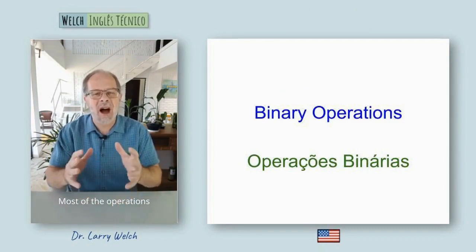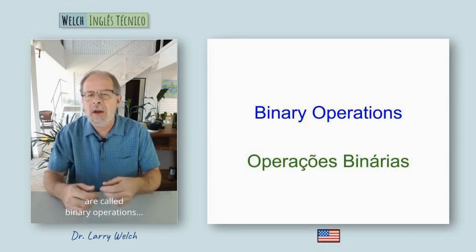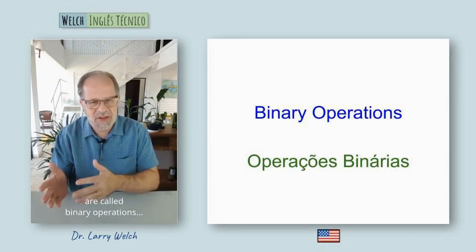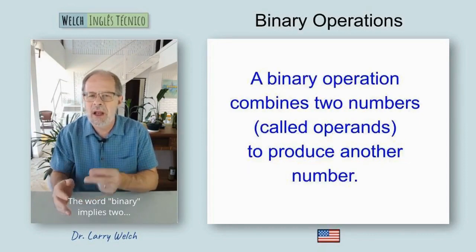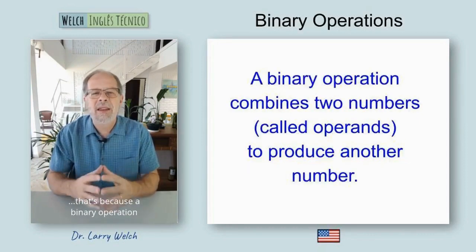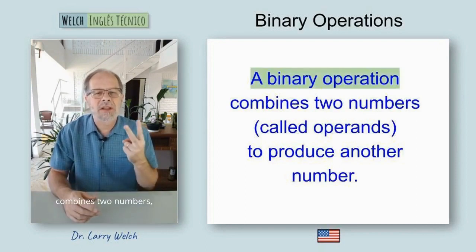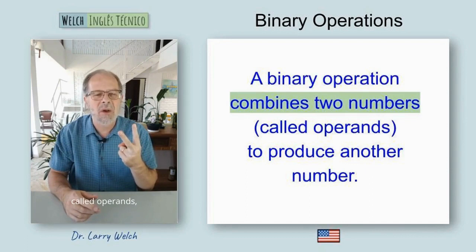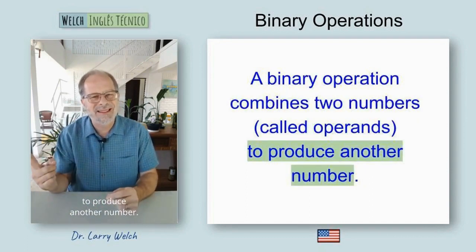Most of the operations that we use daily are called binary operations. The word binary implies 2. That's because a binary operation combines 2 numbers, called operands, to produce another number.